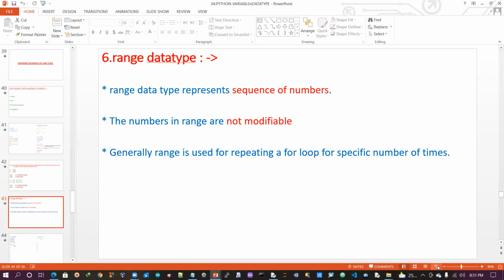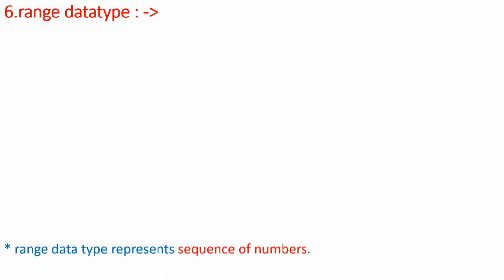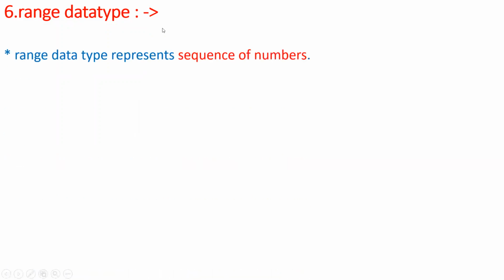Now see here once again. This is the last data type in the sequence types. Am I right? In the sequence variety, this is the last one: str, bytearray, list, tuple, and range. Now, range means what? The range data type represents a sequence of numbers.